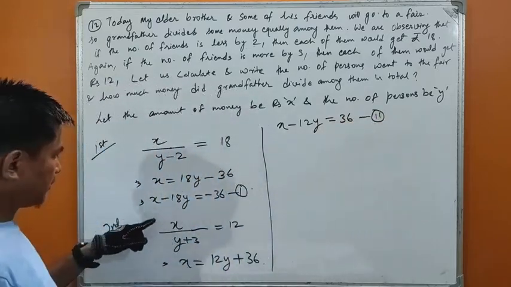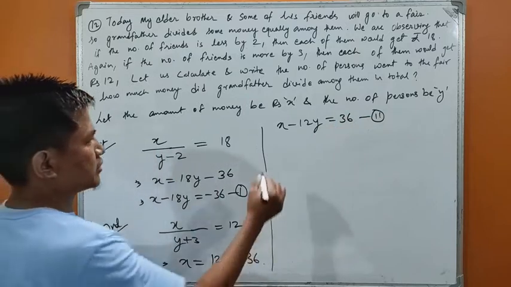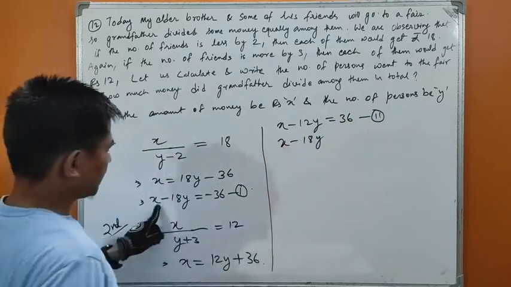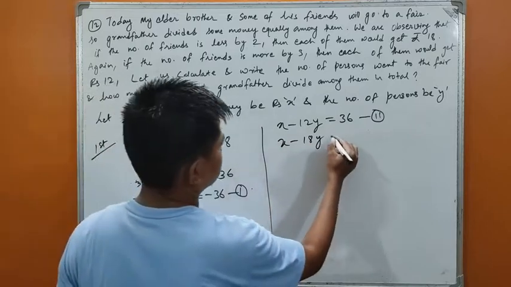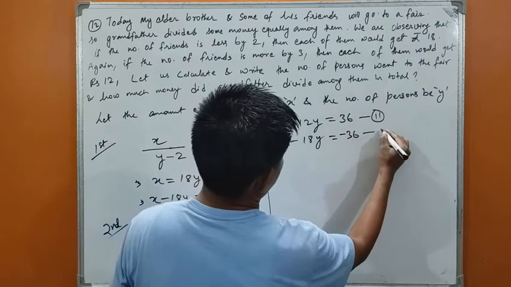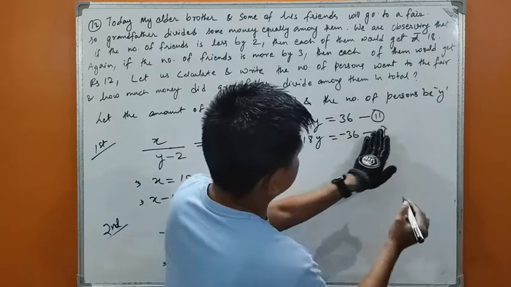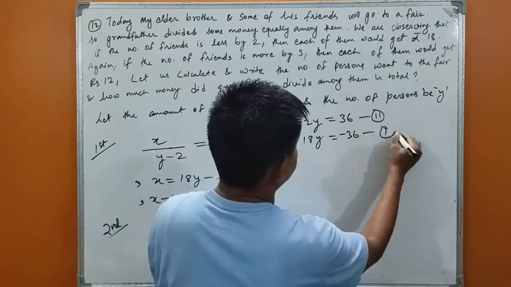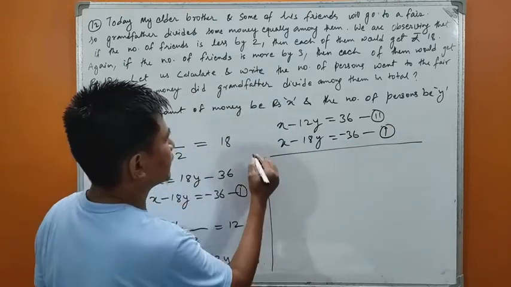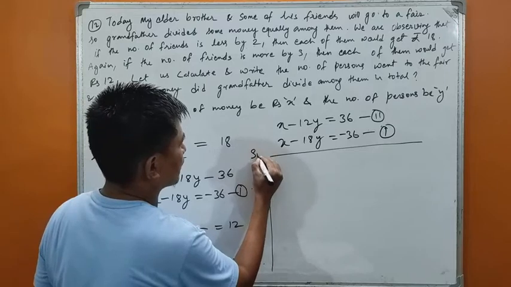We have equation 1: X minus 18Y equals minus 36, and equation 2: X minus 12Y equals 36. To eliminate X, we need to subtract.